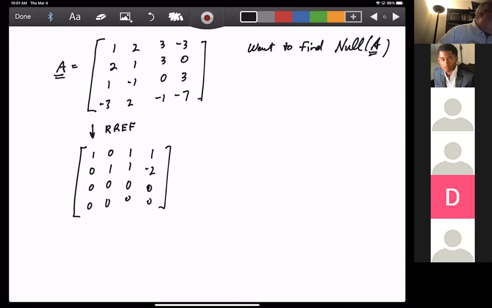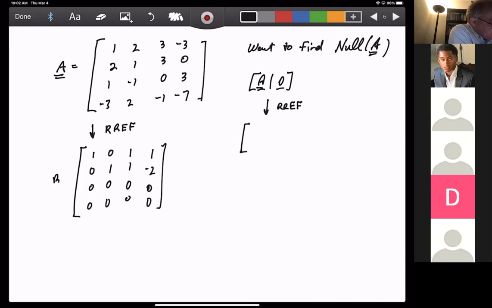Okay. So the equivalent linear system, if we're trying to find the null space for our matrix A, if we look at Ax equals the 0 vector, we go to RREF form.